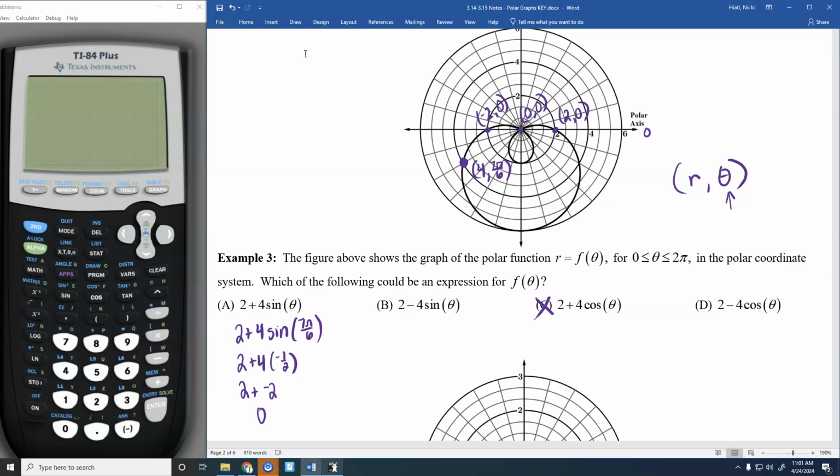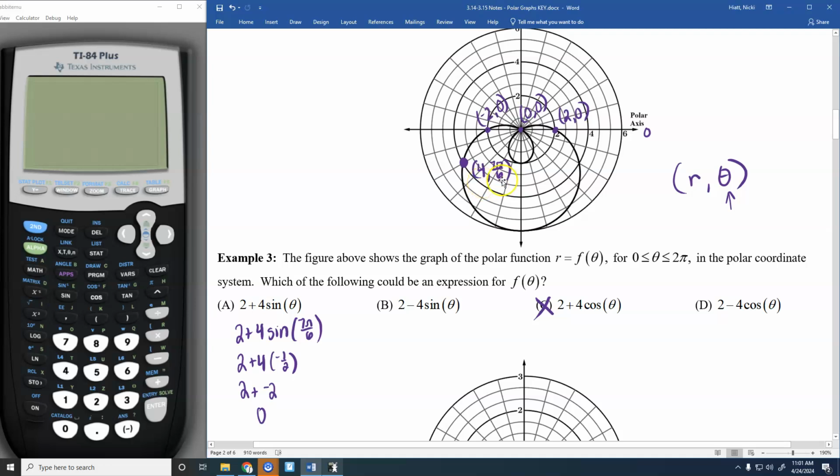I don't know if it is, though, because we didn't get 4. Since you have 0, 0 right here also, maybe that wasn't a good point to pick. I thought we were trying to get 4 if we plug in the 7 pi over 6?